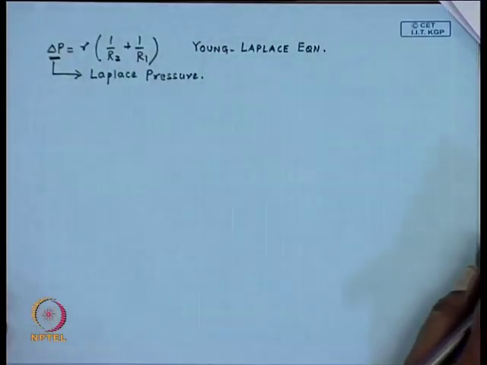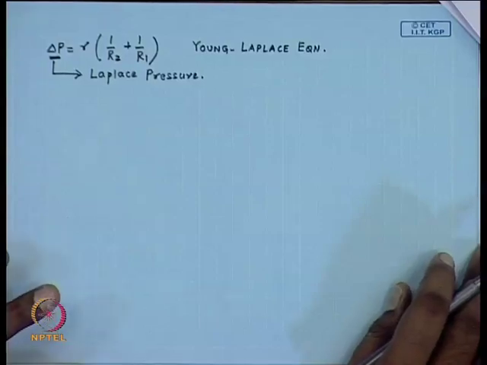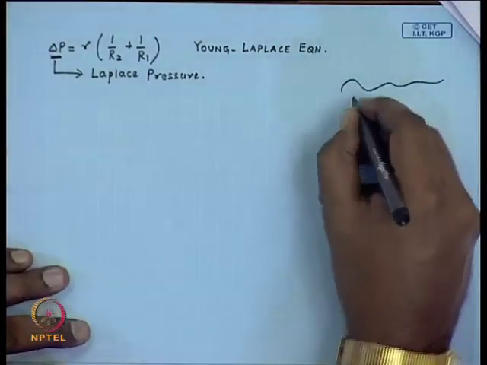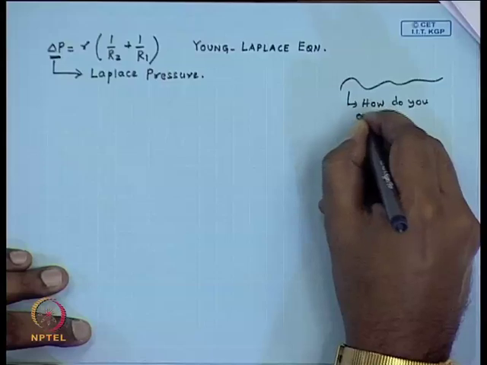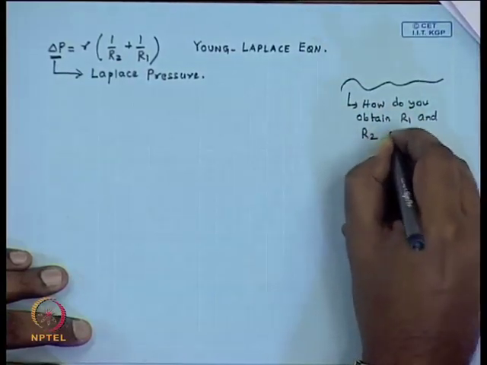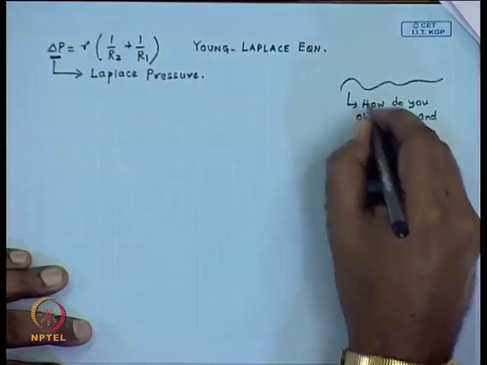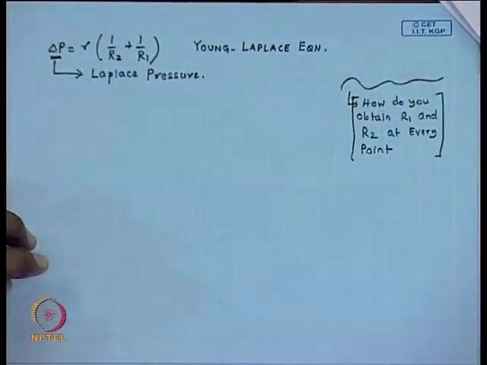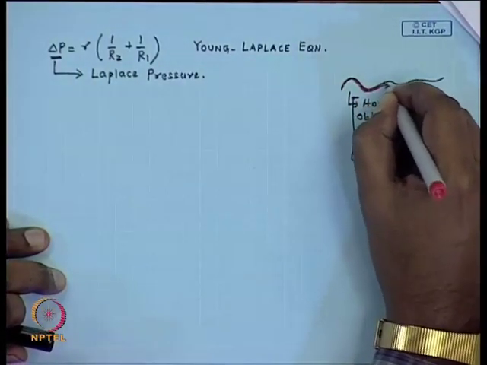Now, this equation looks very simple and in a rather manageable form, but if you look at an arbitrarily curved surface in 3D, the biggest problem is how do you obtain R1 and R2 at every point, because it is obvious that along this curved surface at every point there is a variation of R1 and R2.